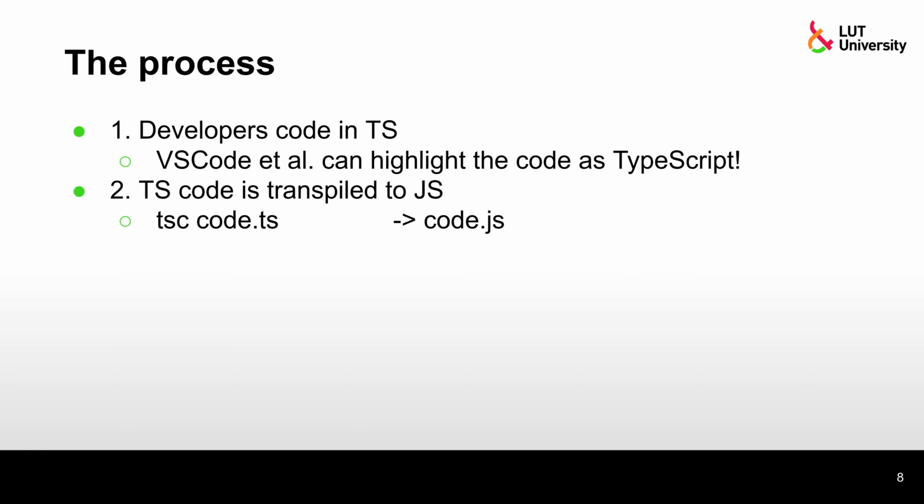So basically the automatic process is using this tsc command. You can define a file that is going to be transpiled. Here it is code.ts, which means that the file is TypeScript, and then the output will be code.js, which will be a JavaScript file. If you are not giving any parameters to this tsc, then it's automatically compiling all the code, which is usually the case.